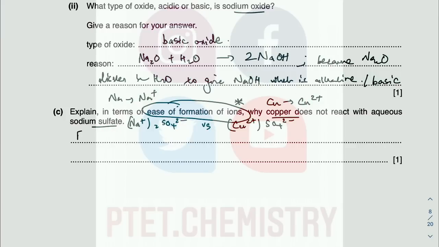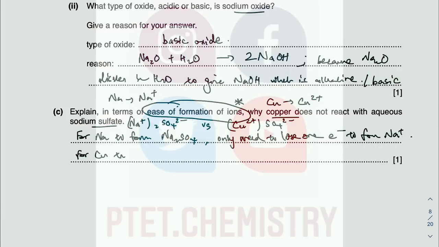So for sodium to form sodium sulfate, maybe I should just use the formula. You should really know the correct formula. Na2SO4 only needs to lose 1 electron to form Na plus.